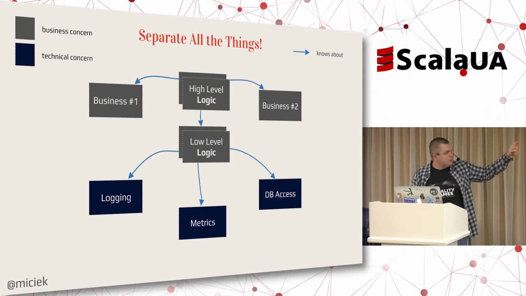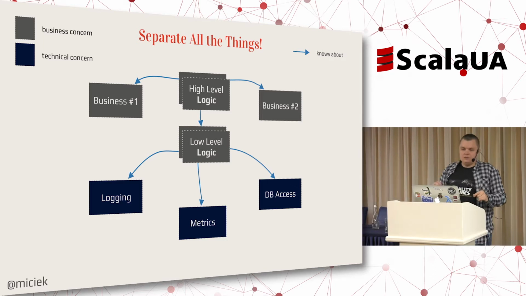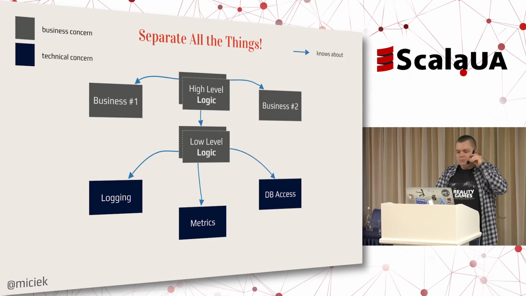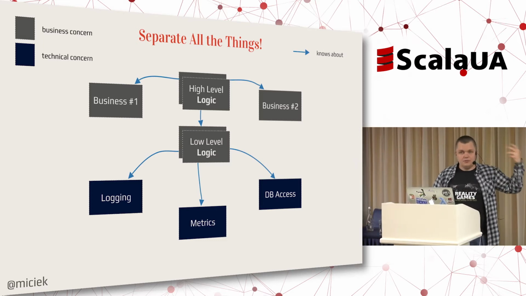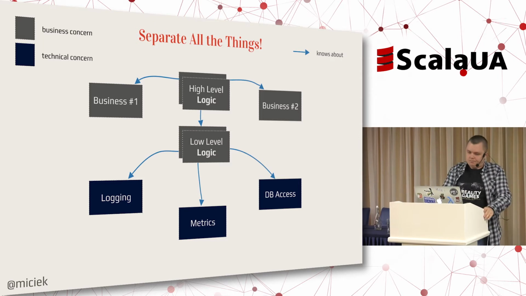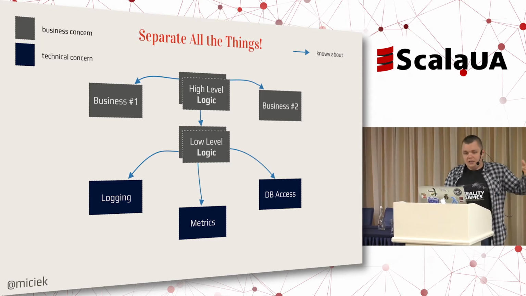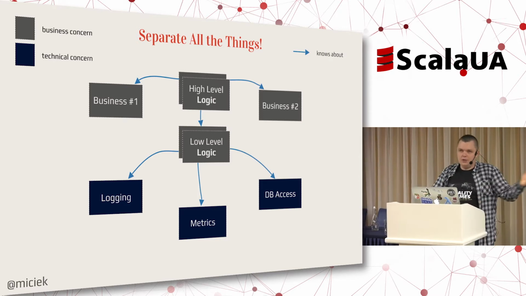This is arrows. In this case, I'm using arrows as a kind of "knows about" semantic. So high-level logic knows about business concern number 2 and 1, and knows about low-level logic, which in turn knows about logging, metrics and DB access. And of course, logging doesn't know anything about metrics. So this is our ideal approach, right? The whiteboard approach. And in Scala, we can encode that "knows about" arrow as imports. So if you have a module and you have 10 imports of different modules, that means that you have 10 outgoing arrows.